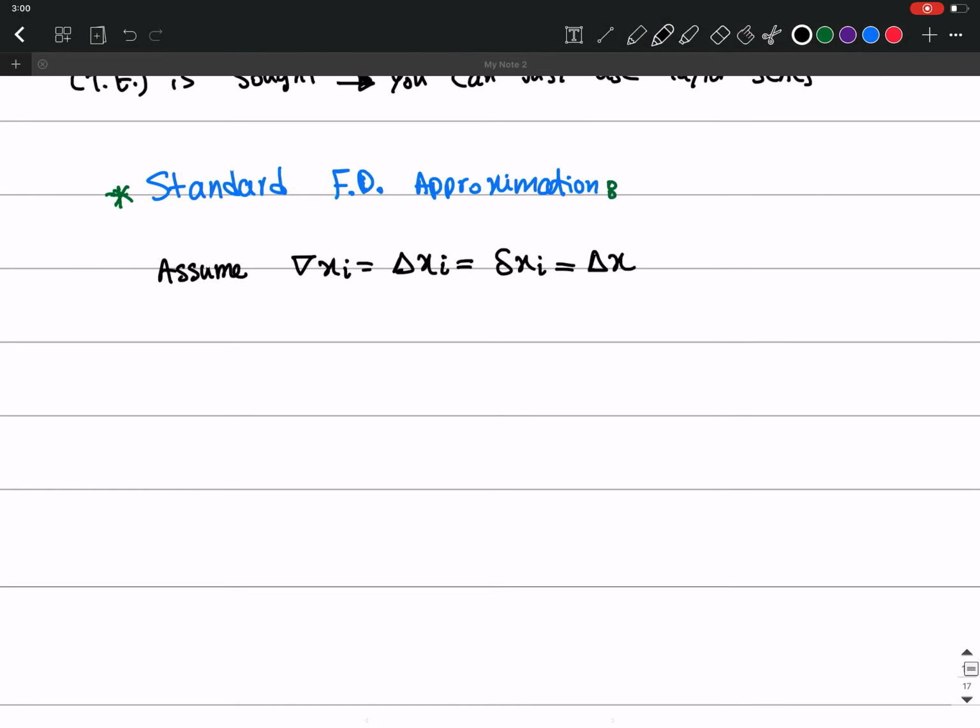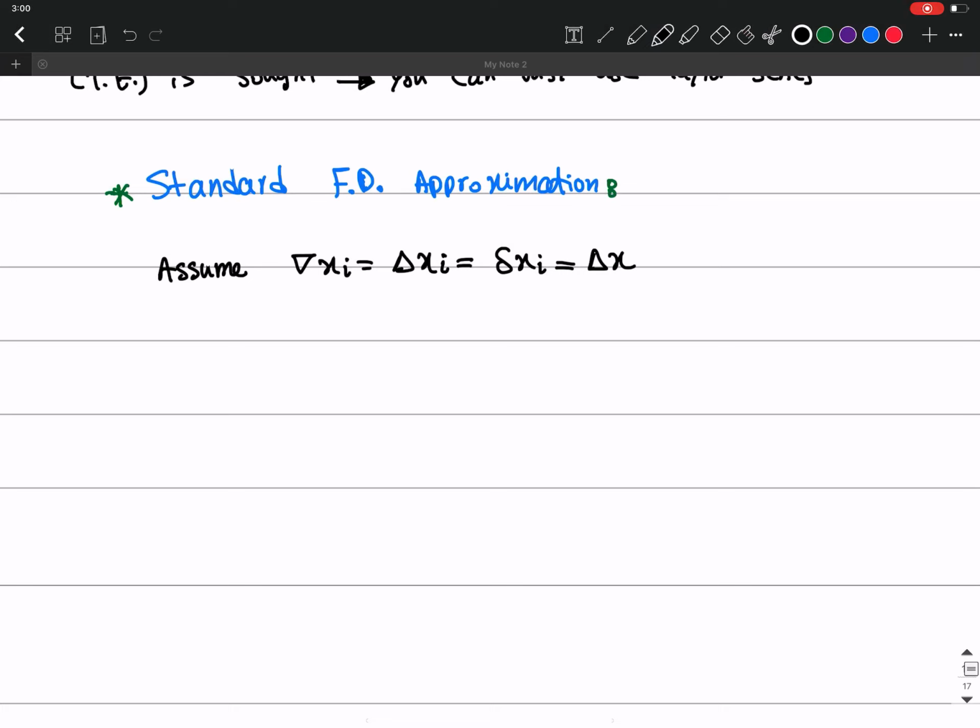Okay, so the first one is for the first order, and there are many tables for this that you can take a look at, but I'm just going to give some examples. So du over dx, the first derivative evaluated at point xi, can be approximated as a forward difference, which we talked about, ui plus 1 minus ui over delta x.